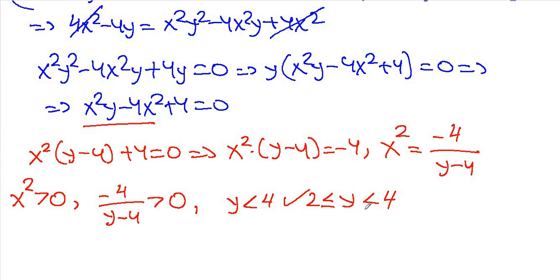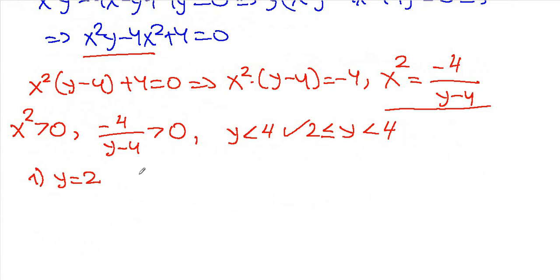And it's easy to see that choosing the numbers between 2 and 4, we can easily find the solutions of the following equation. And the first is y is equal to 2. Then we can use this equation. So let me rewrite here this equation. x squared is equal to minus 4 divided by y minus 4.